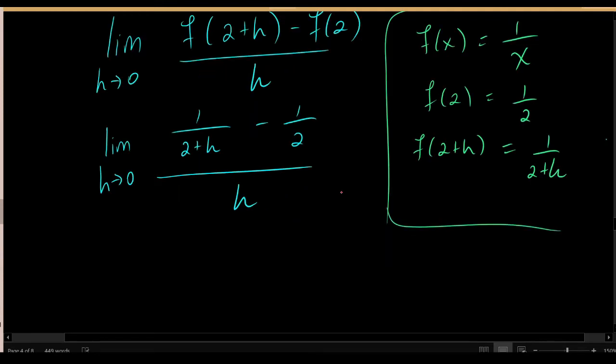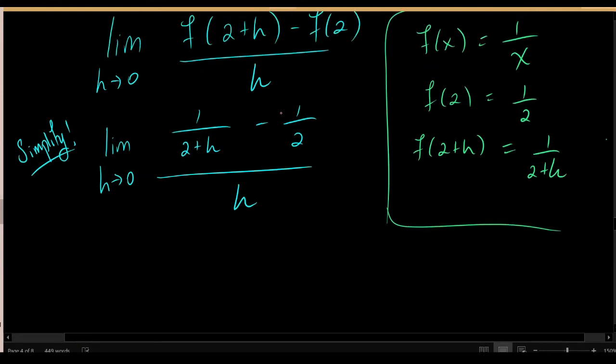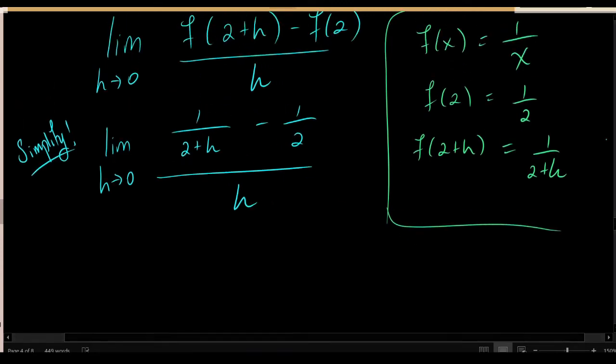Okay, so now I need to simplify this creature. Whenever we're taking the limit of a rational function, we need to simplify that rational function. When we have a fraction within a fraction, we look at the smaller fractions first, and let's work on simplifying those. To subtract two fractions, they've got to have the same denominator.